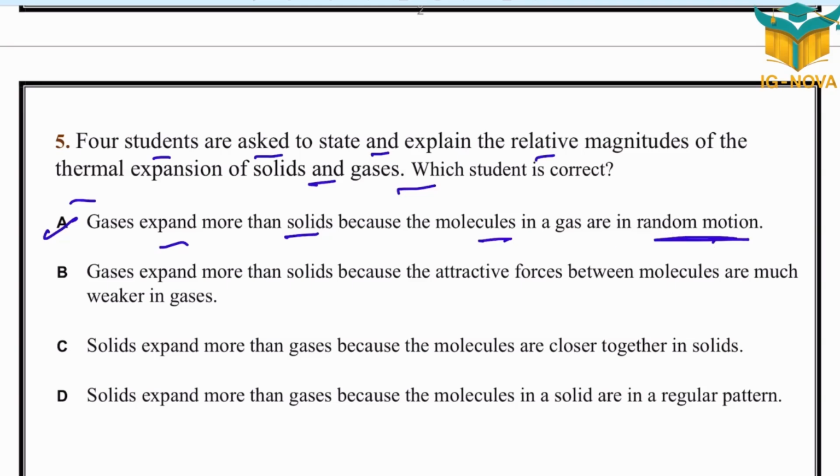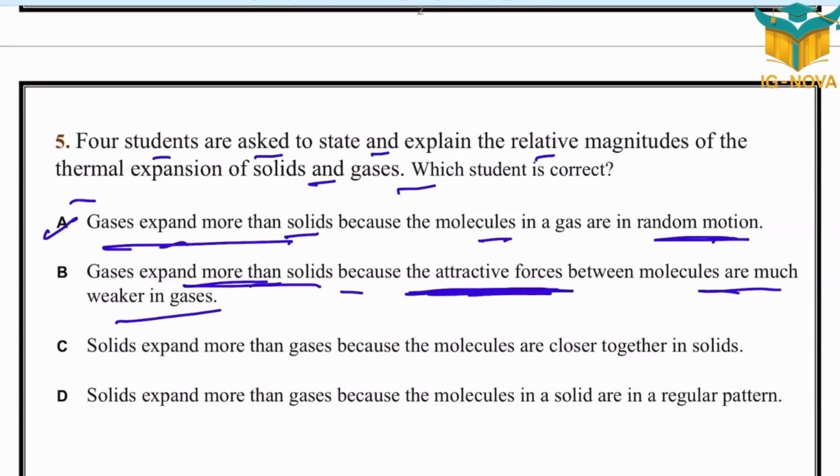But I need to check the others. Gases expand more than solids because attractive forces between molecules are much weaker. Here we agree on gas expanding, but if you pay attention to the last two or three videos, you'll see that the intermolecular forces are much weaker in gases than in solids. For that, I'll go for B.